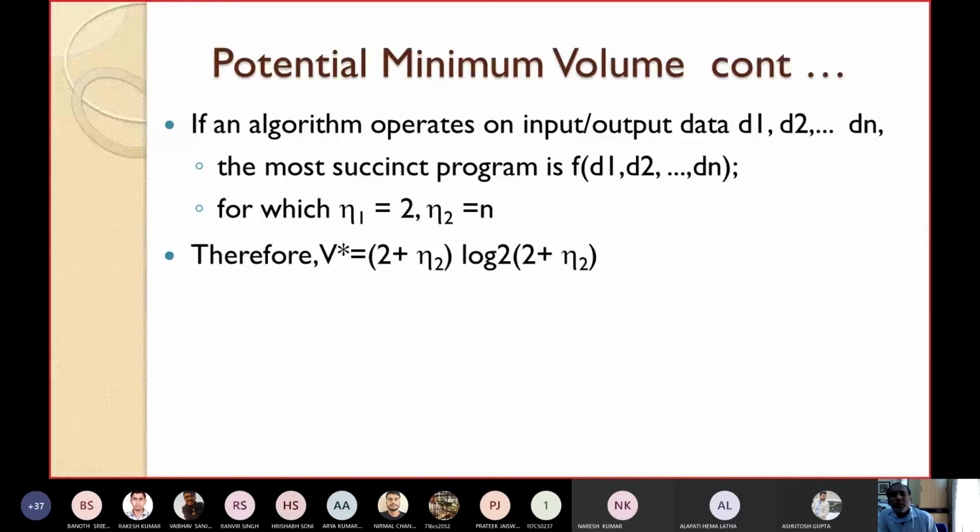The most succinct program which will operate on input data items D1, D2, Dn is represented as a function of these input output data items.